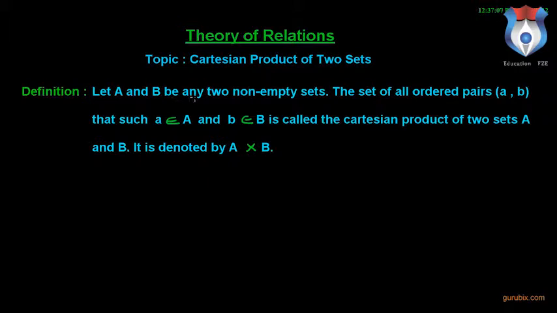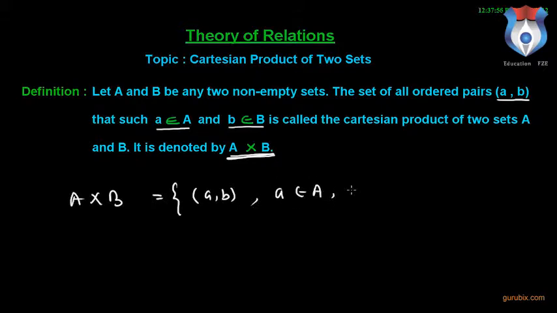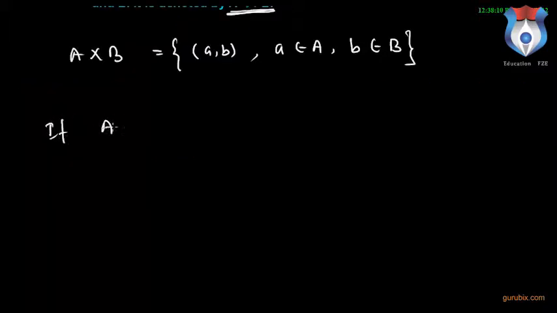Let A and B be any two non-empty sets, then the set of all ordered pairs (a, b) such that a belongs to capital A, b belongs to capital B is called Cartesian product of two sets A and B. It is denoted by A cross B and read as A cross B. We can write it as A cross B is the set of all ordered pairs (a, b) where a belongs to capital A and b belongs to capital B.